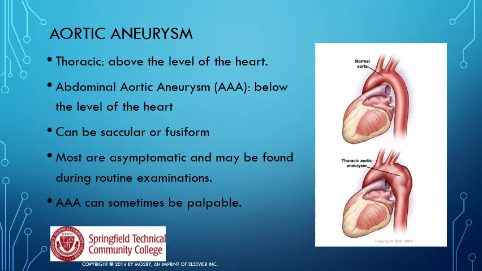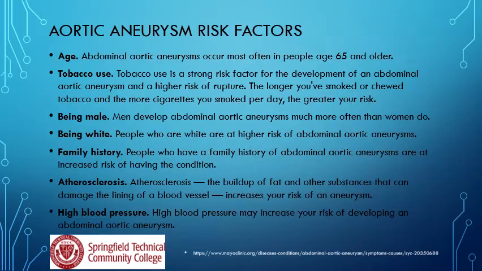Most are asymptomatic, and they can be found during routine examinations, or they can be found on scans incidentally. And AAAs in patients that are on the thinner side can sometimes be palpable. Risk factors for aortic aneurysm include tobacco use, age, people older than age 65, men and white men have a higher risk of abdominal aortic aneurysms.